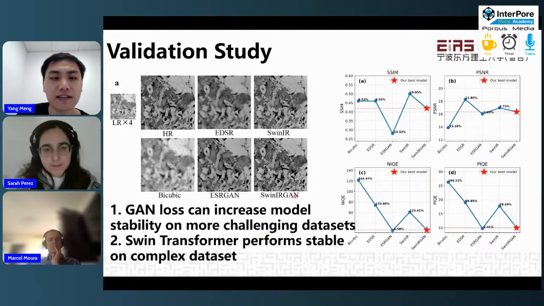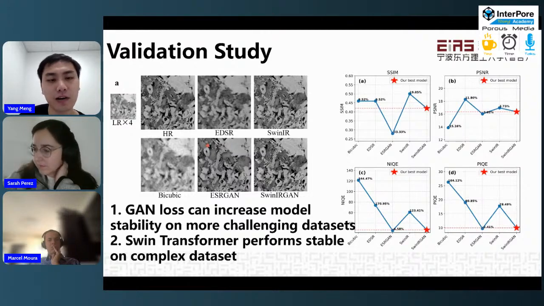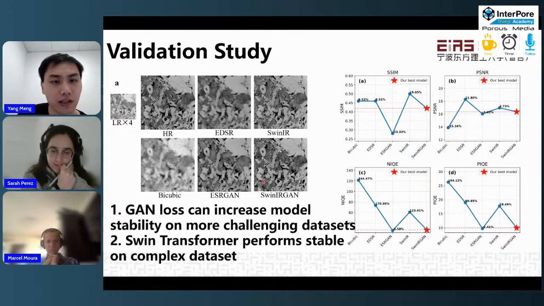And SwinIR GAN has the only difference that we add the GAN loss, an adversarial loss. We can notice the GAN loss can increase the model stability, especially on the challenging data set, even though the difference is smaller on the first data set. Also, the Swin Transformer architecture in the rightmost 2 output images performs more stably on the complex data sets.